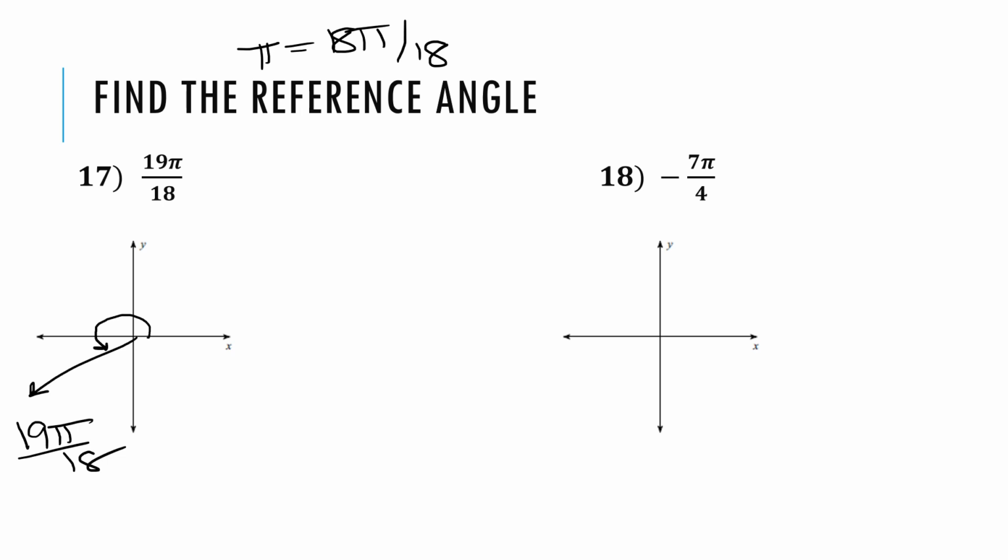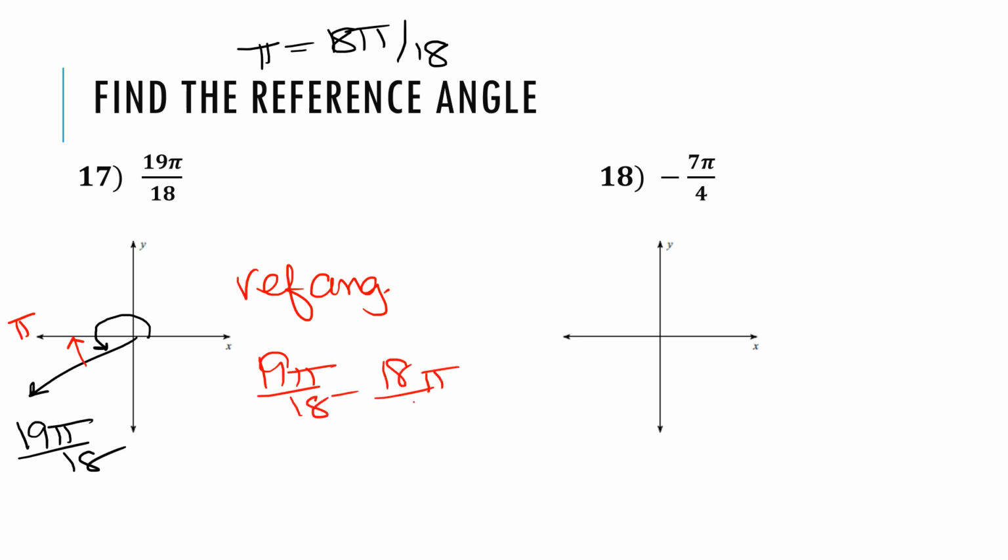What is my distance back to the x-axis, back to pi? So in this case, the reference angle is going to be 19 pi over 18 minus 18 pi over 18. Same answer as last time, pi over 18. And that's totally fine. There's nothing wrong with that. You can get the same answer several places.